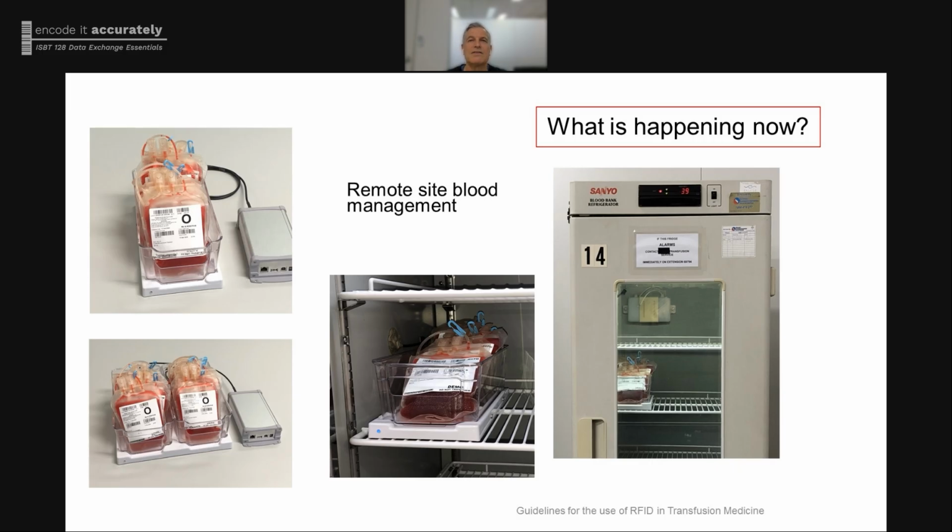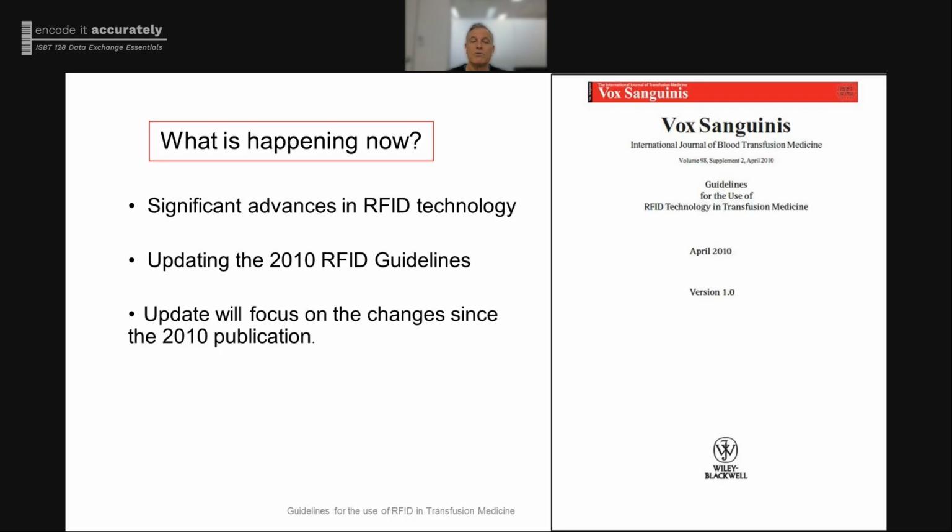Here is shown an RFID antenna designed to be placed on the shelf of a fridge with connection to its supporting reader by the cable passing through the temperature probe port of the fridge. The ISBT Working Party on Blood Supply Management will be conducting a trial of these in various countries across the world.